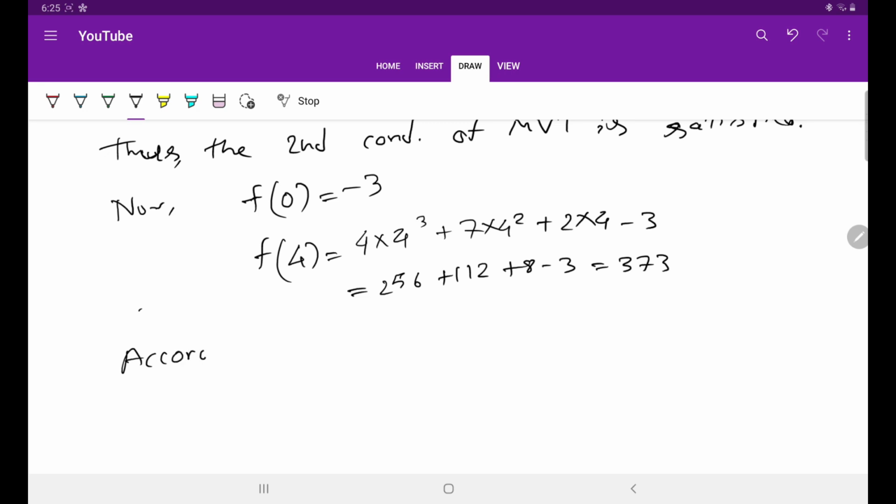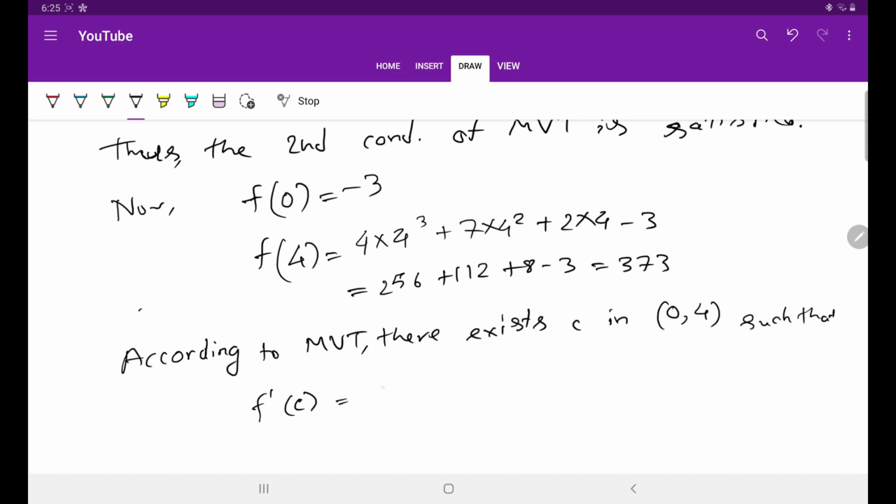Then we can now use the MVT formula. So according to MVT, there exists c in (0, 4) such that f'(c) equals (f(4) minus f(0)) over (4 minus 0).